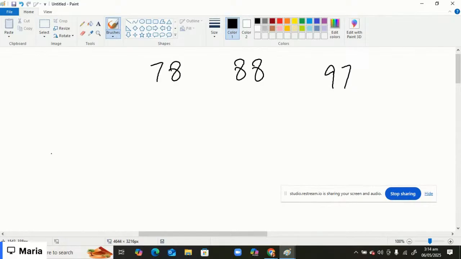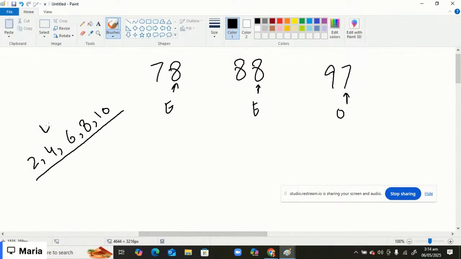You guys only check the last number of each one. This is 78, 8 is in the end. 88, 8 is in the end. 97, 7 is in the end. So if there is 8 in the end, that is even. 8 in the end, that is even. 7, which is an odd number. Because look, 2, 4, 6, 8, and 10, these are even numbers.